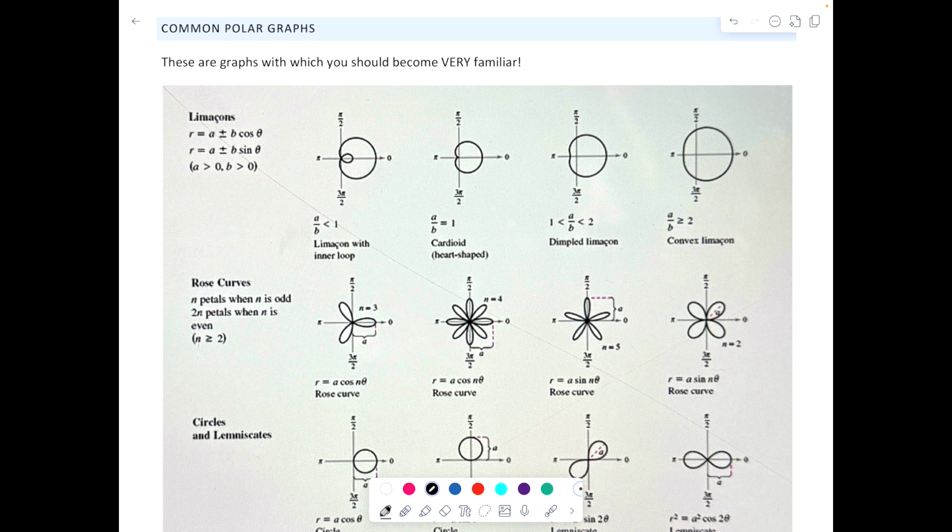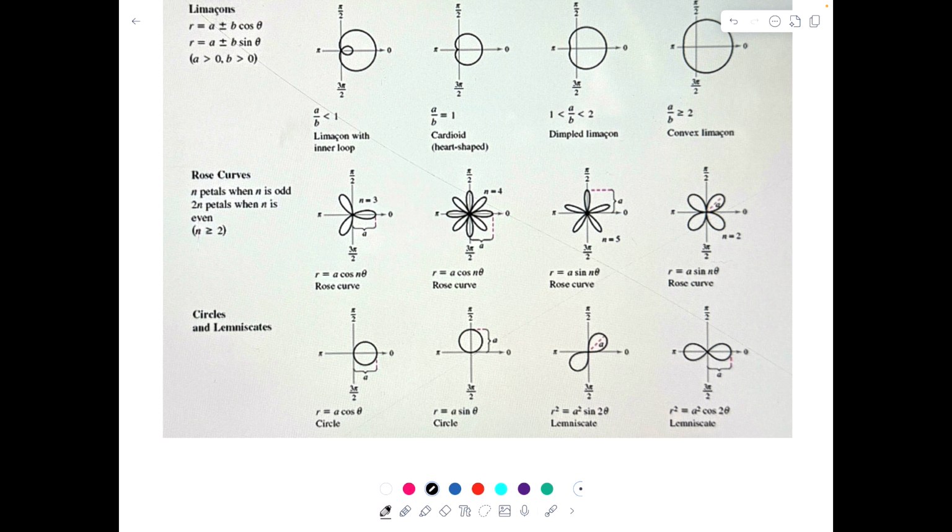So if you have an odd multiplier to your angle, you get that many petals. If you have an even multiplier to your angle, you get double the amount of petals. And the length of the petal is your multiplier to the trig function, your a. Cool, cool?